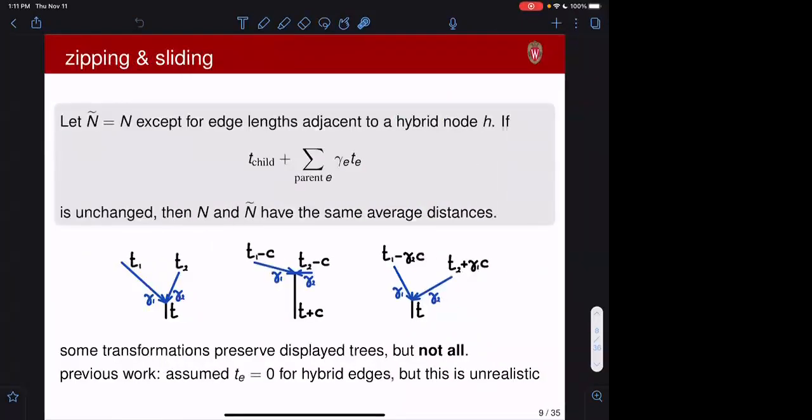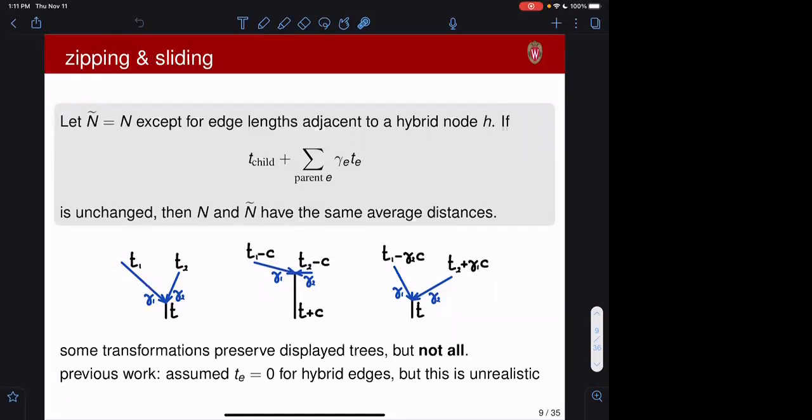Okay, another piece of bad news: things that are not identifiable are the edge lengths around a hybrid node. So if here we have a hybrid node, the edge of the child node and the edges of the parent nodes are not identifiable apart from each other.